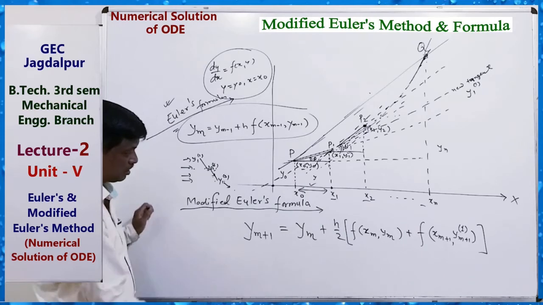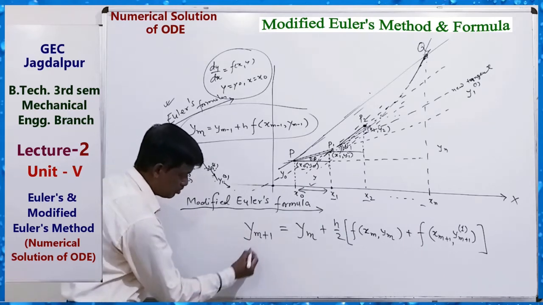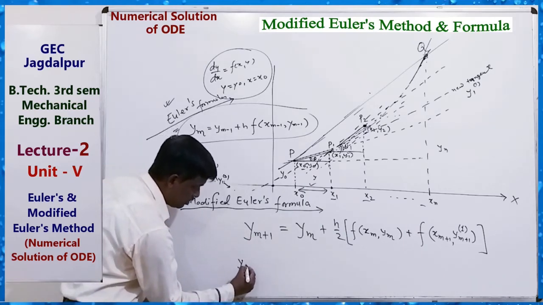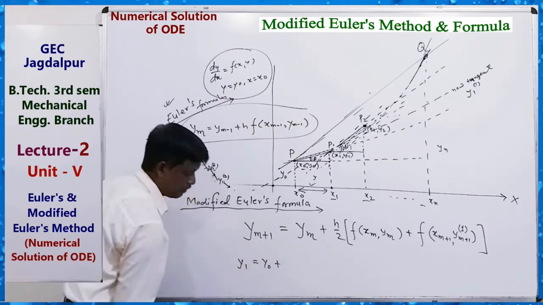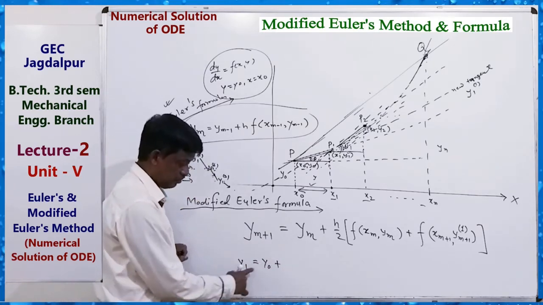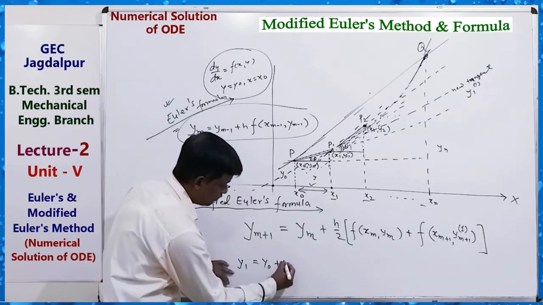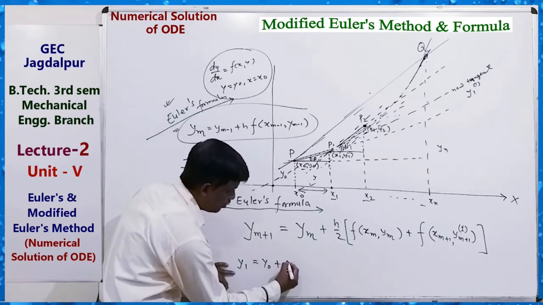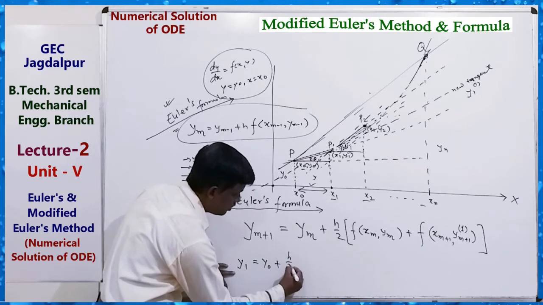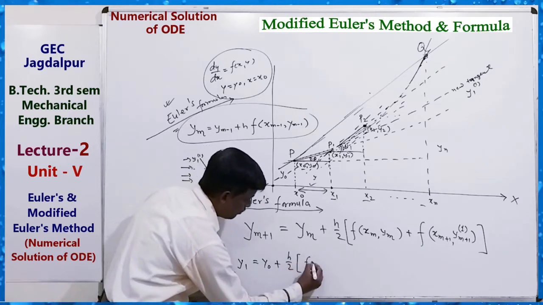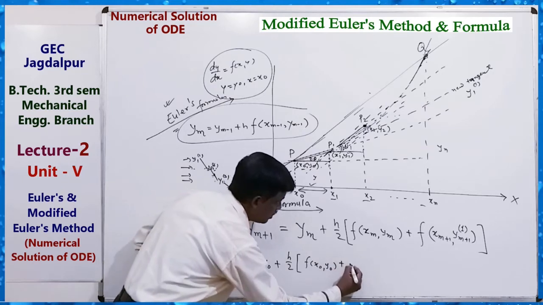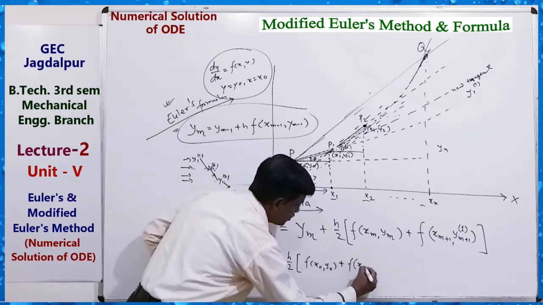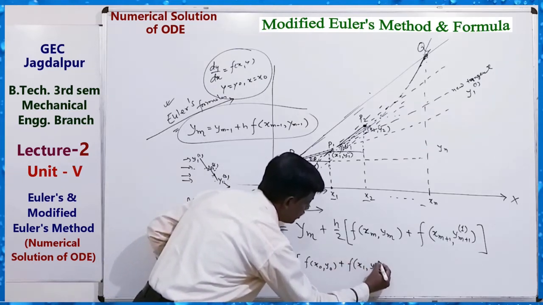Here if we take m equals 0, then we get y1. So y0 plus h by 2 times f(x0, y0) plus f(x1, y1).